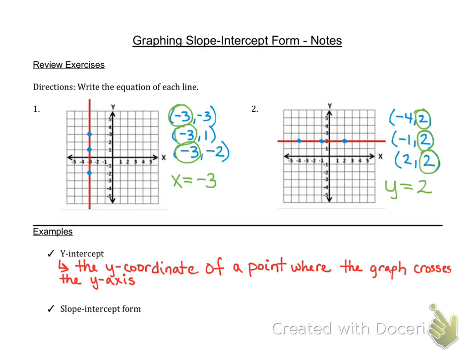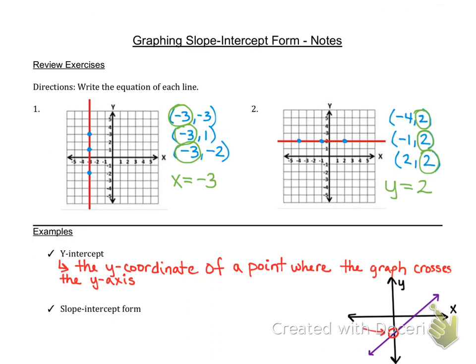First, let's start off with some vocabulary terms. So y-intercept. The y-intercept is the y-coordinate of a point where the graph crosses the y-axis. To the right, I drew a quick graph of a line. So let's take a look at that purple line. What the y-intercept would be is this point right here where the line touches the y-axis.